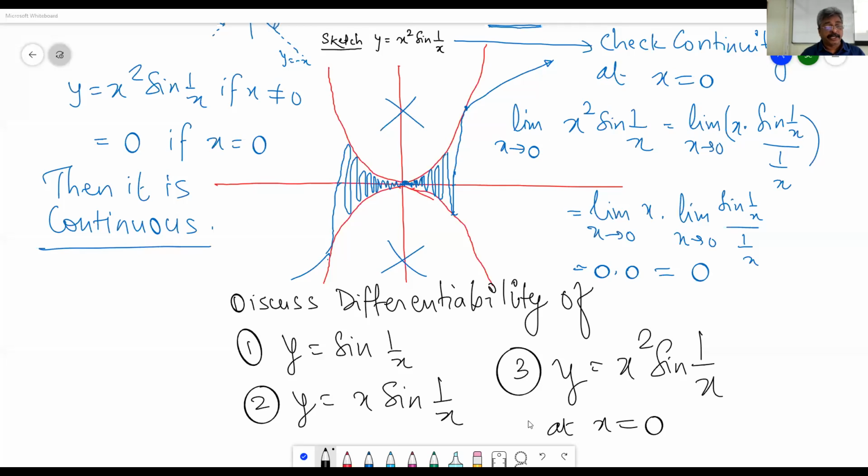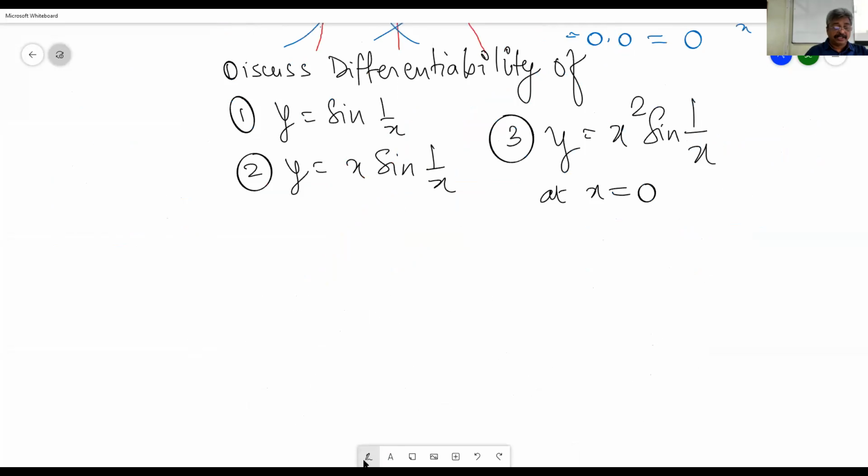Algebraically, if we are checking differentiability, we need to rely on the definition of derivative. Check whether it exists and is finite or not. So we will subject all these three functions to the definition of differentiability.